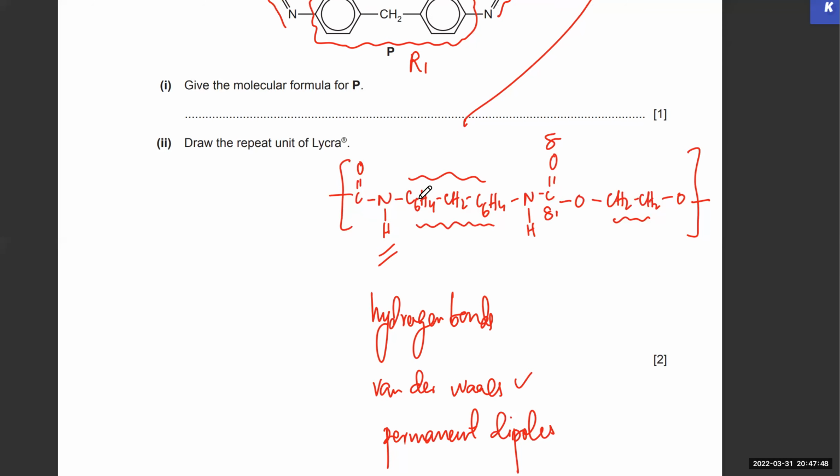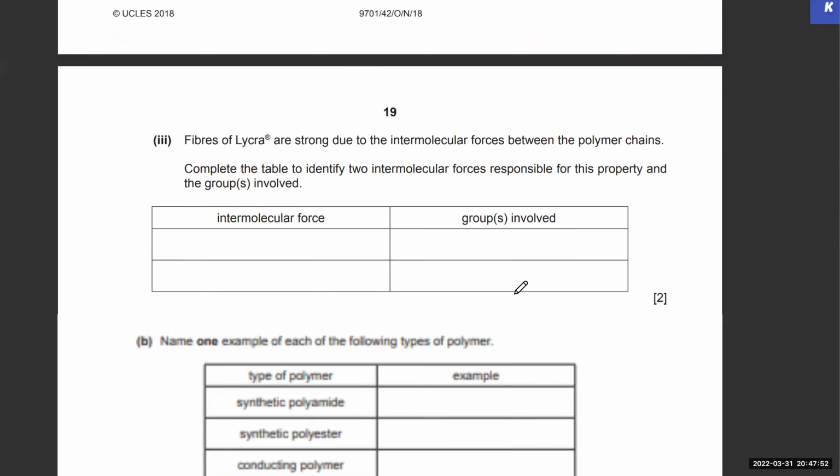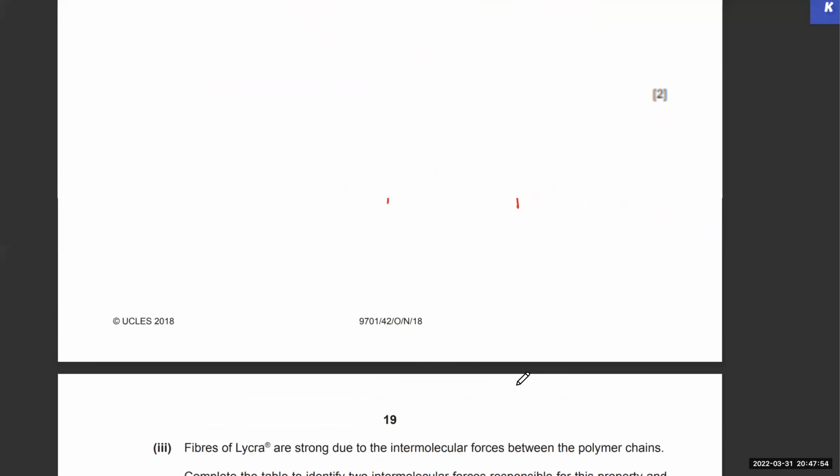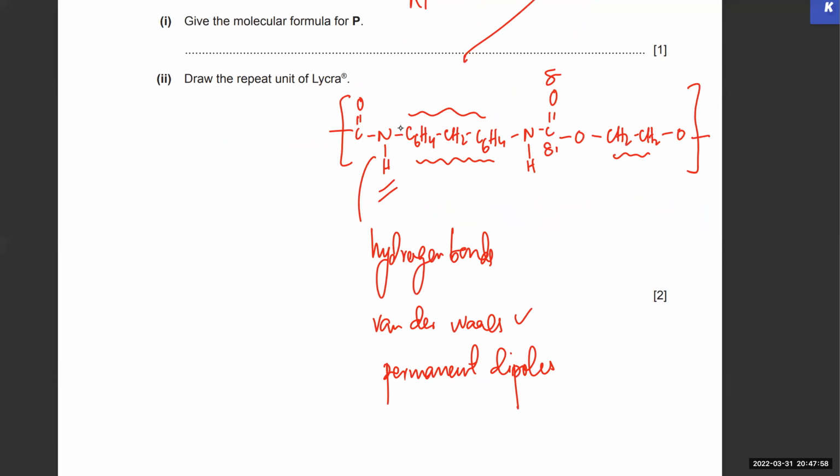The benzene rings, the R group, would be producing Van der Waals forces. They're also asking about the groups involved. So for hydrogen bonds, it's NH. For Van der Waals, it's the R group. And if you're writing about C double bond O, then you write that it forms permanent dipoles.